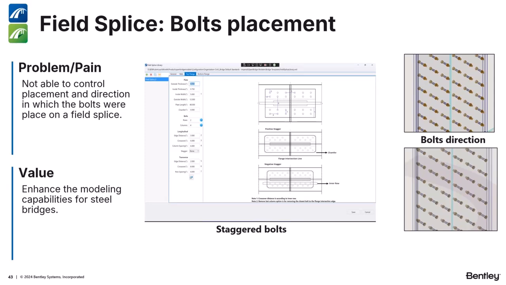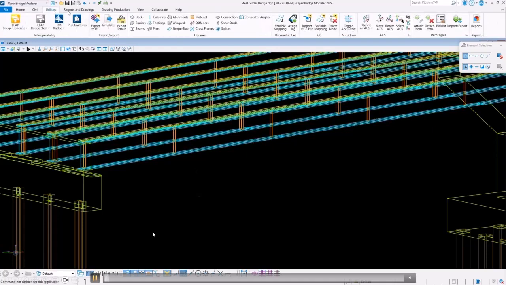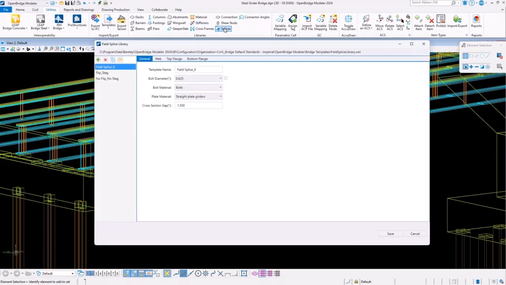This is something also required by some of the DOTs, in which we can see how this is being done, left to right, flip the options, or they want to remove the last row of the bolts because they are too close to the edge of the plate. So as I said, it's just a simple toggle here.